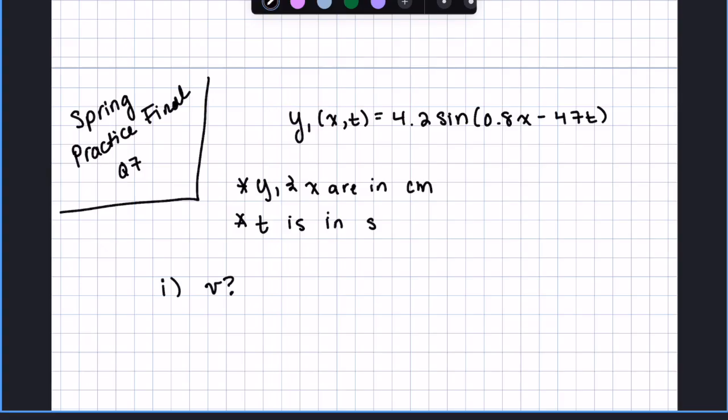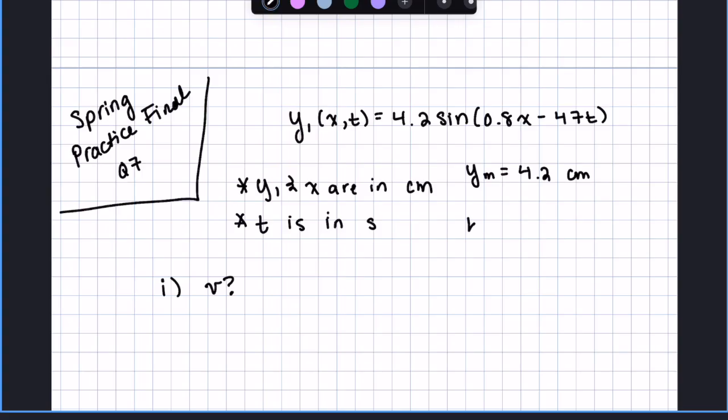Based on what I can pull out to start, I can pull out the amplitude. My ym value would be that 4.2, in centimeters, since my whole function for y1 is in centimeters.